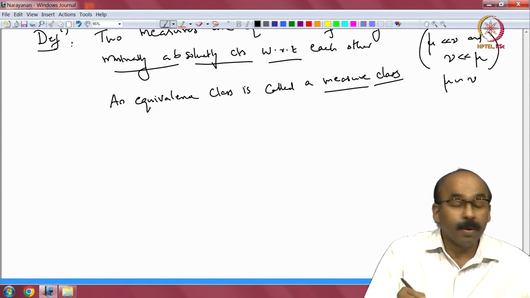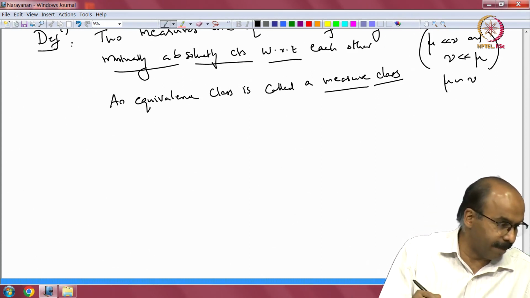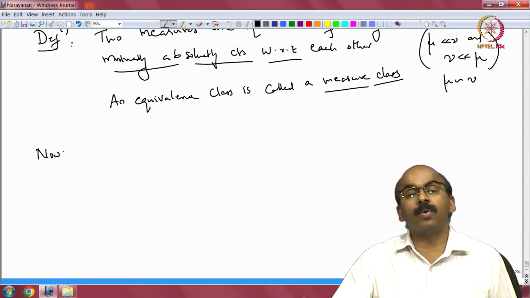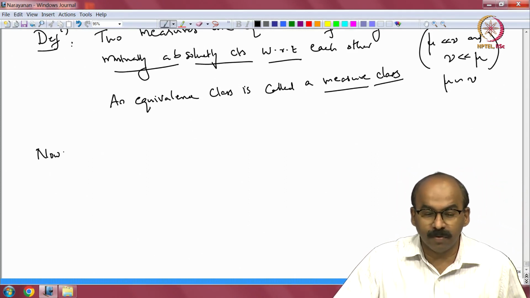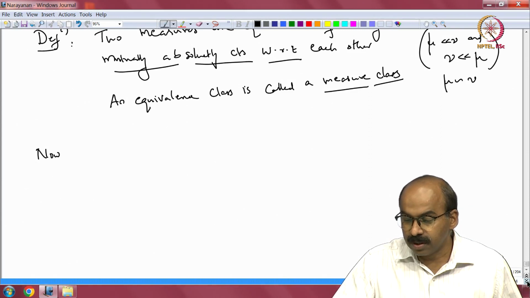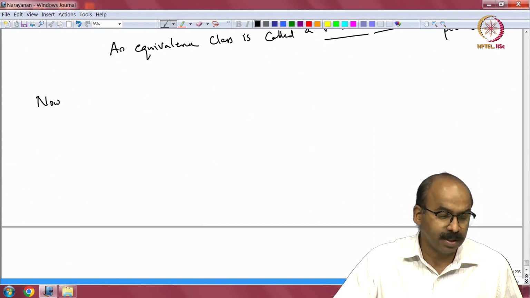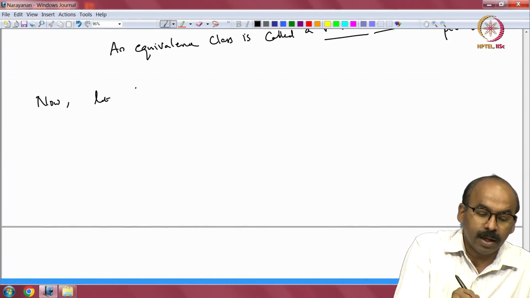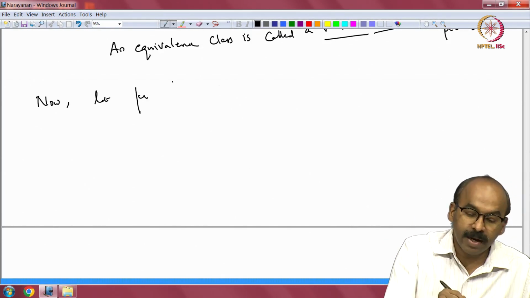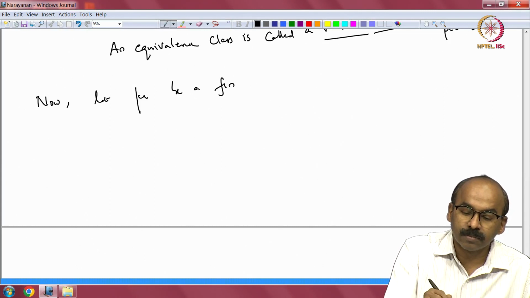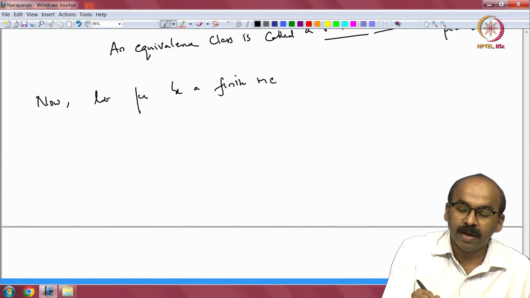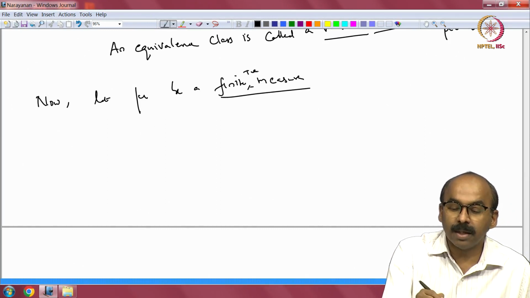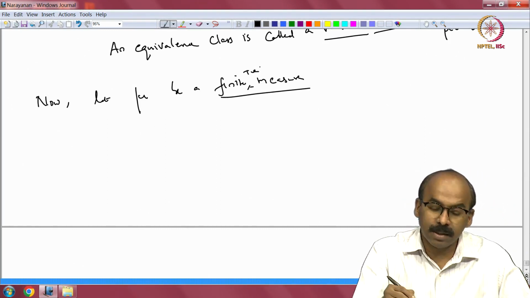Okay. So, the result for normal operators is essentially the same, except that the spectrum now is a subset of the complex plane. So, we have to go to the complex plane instead of sticking to the real line, but the proof is essentially the same. Now, let mu be a finite positive measure supported on a compact set in the complex plane.